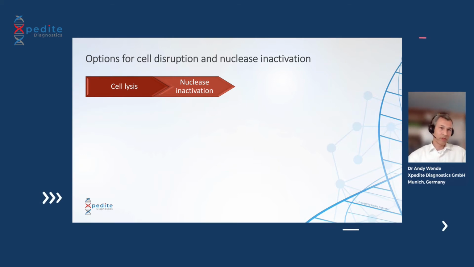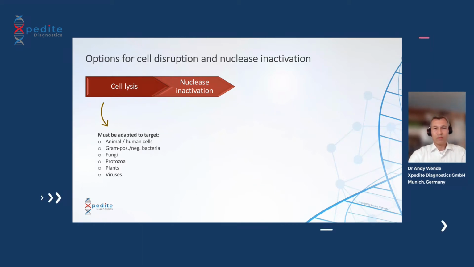Of course, in the last decades, a lot of additional ways and modes were discovered and developed by scientists to perform the 4 individual steps of DNA and RNA extraction. If you look at cell lysis, it depends on the sample specimen how harsh you have to be.